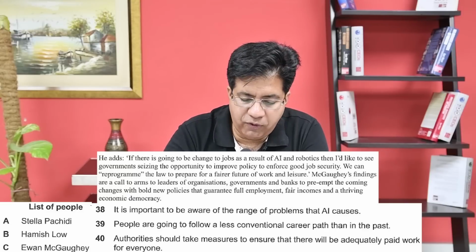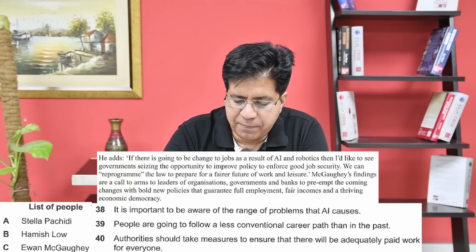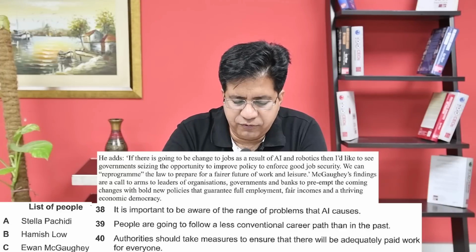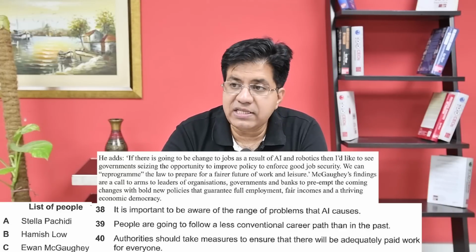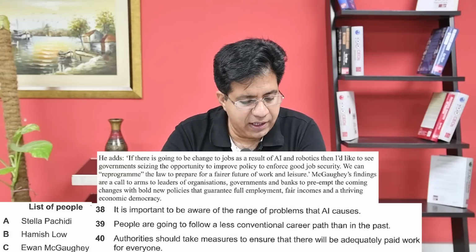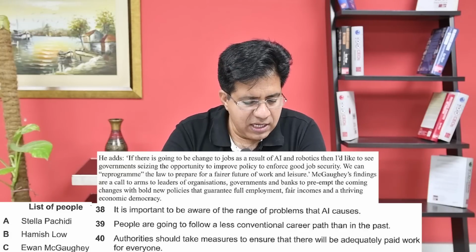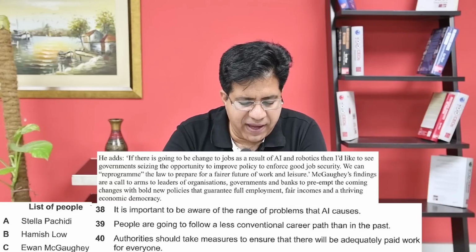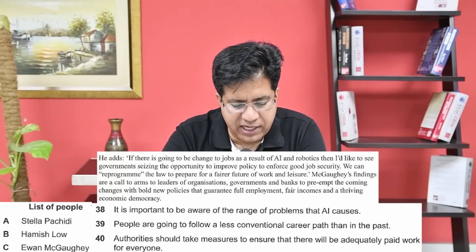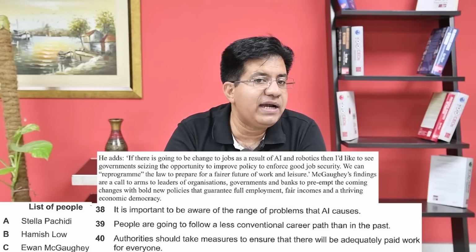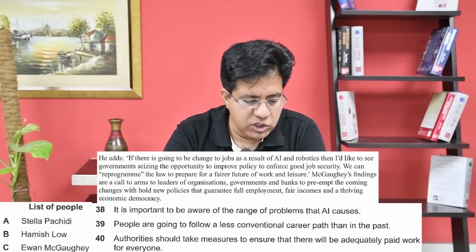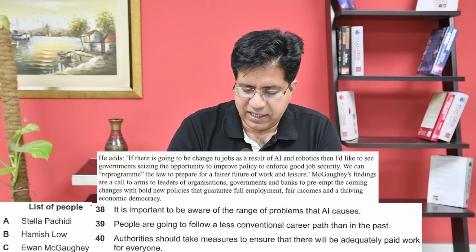Authorities should take measures to ensure that there will be adequately paid work for everyone. And this is in second last paragraph. Read it once again. Second last paragraph. He adds, if there is going to be change to job as a result of AI and robotics, then I'd like to see government. Government means authorities. So question number 40, answer is C.